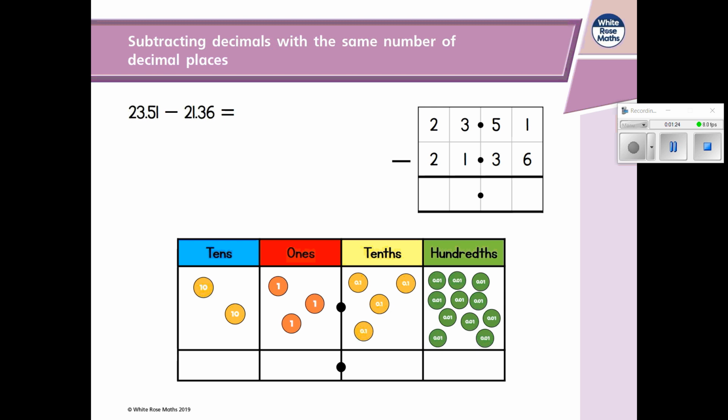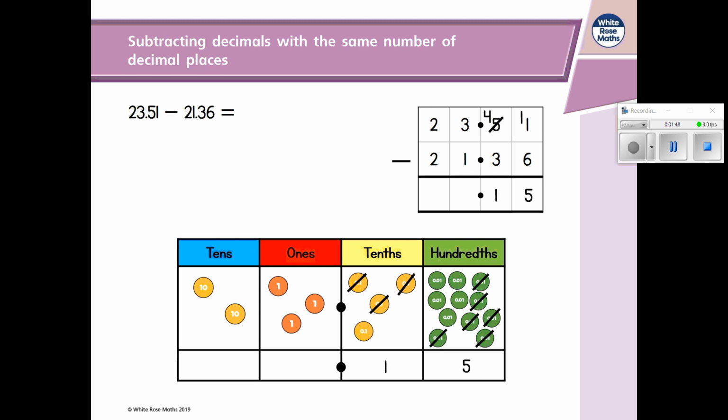Let's show this on our column method. Now we can subtract 6 hundredths. 11 hundredths subtract 6 hundredths is 5 hundredths. Now let's look at the tenths. We need to do 4/10 subtract 3/10, which is equal to 1/10.